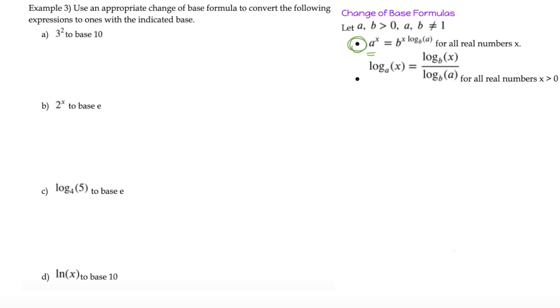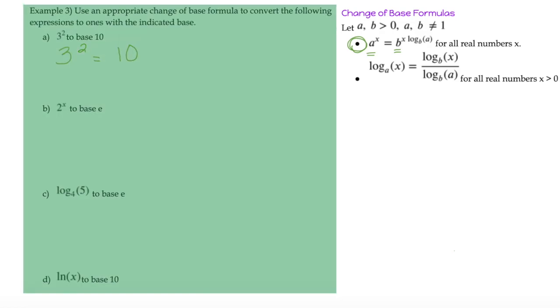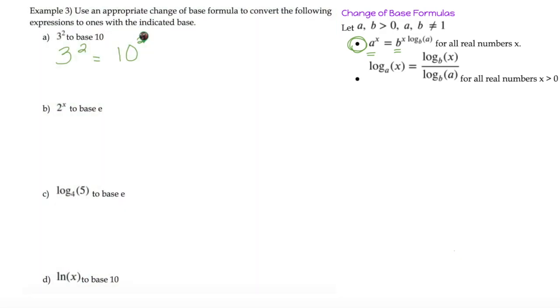This is the same thing then as if I were to change this. 3 squared is the same as the base that I want to have to the power of our x value, which is our exponent, times log the base that I want of 10 times our current base of 3.